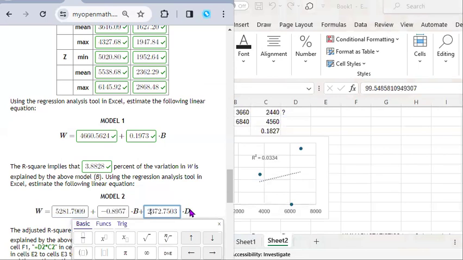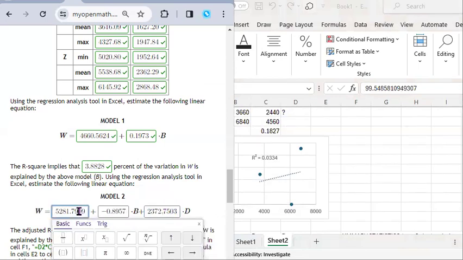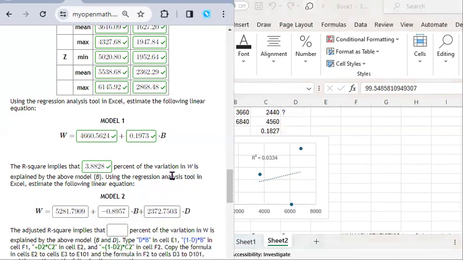If D is 1, then I add this to that, which shifts my line up to here. So I have a line coming through here, and a line coming through here. That's what this model is saying.